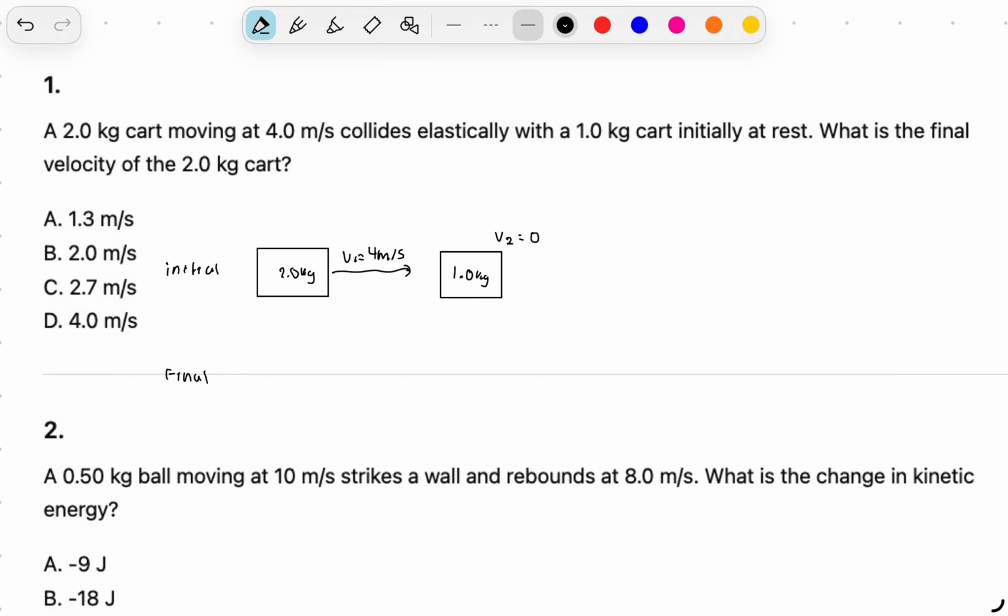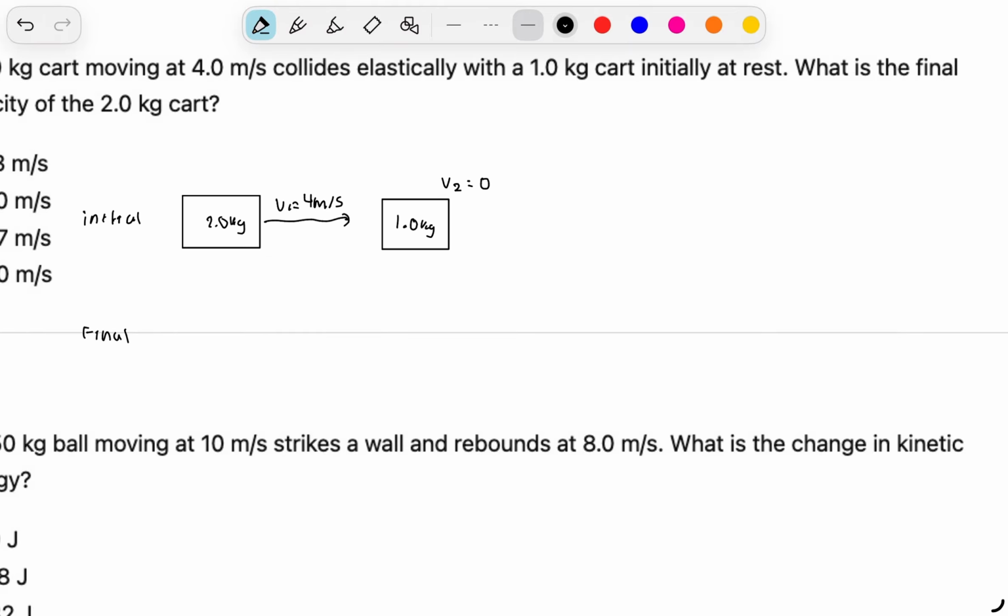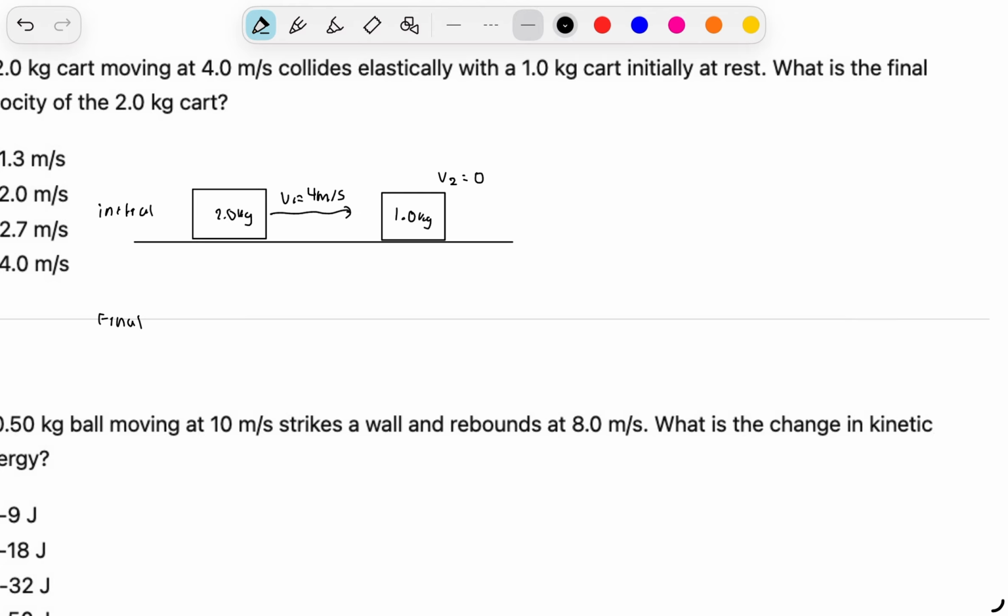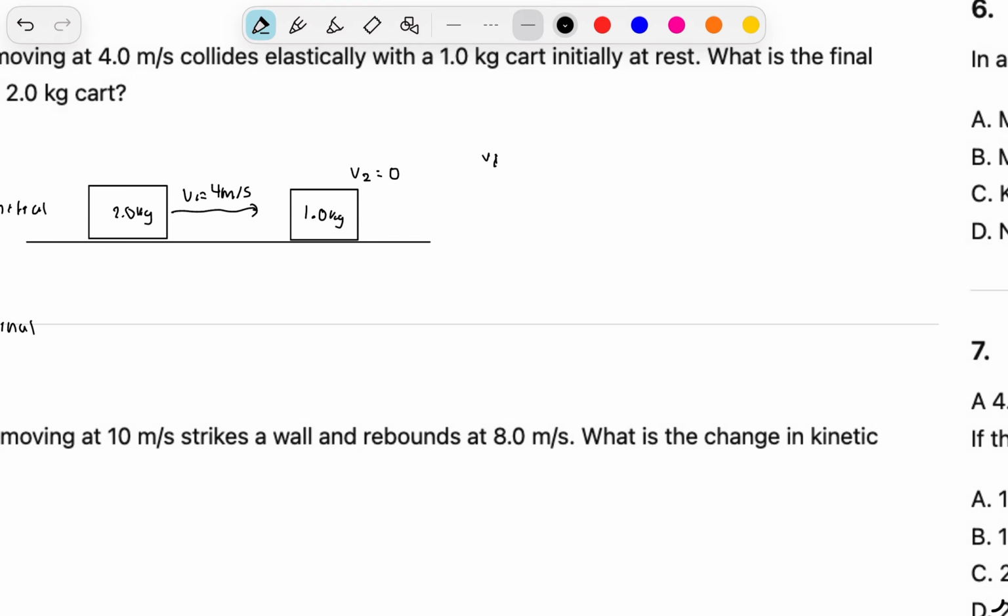So, our first course of action is we need to use the elastic collision formula. So M1 is 2, M2 is 1.